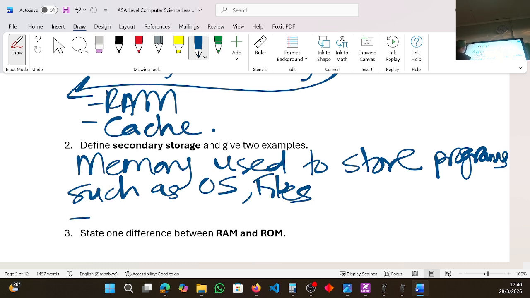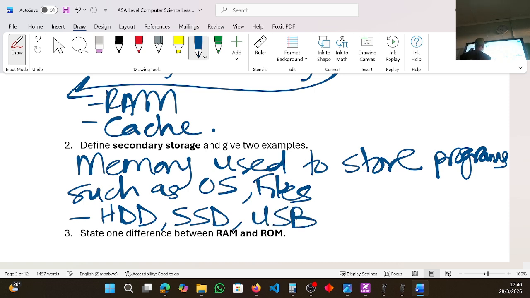We have hard disk drive, SSD, even our USB ports. They are all secondary storage devices.